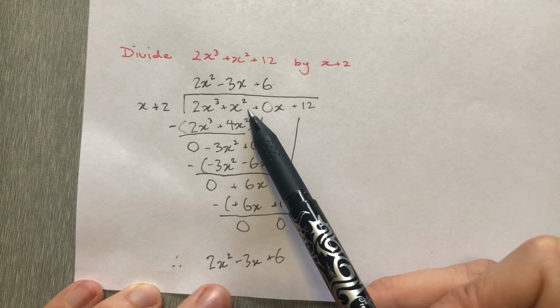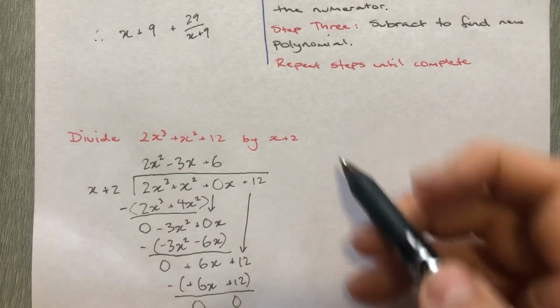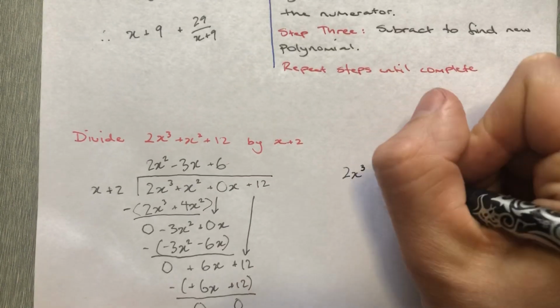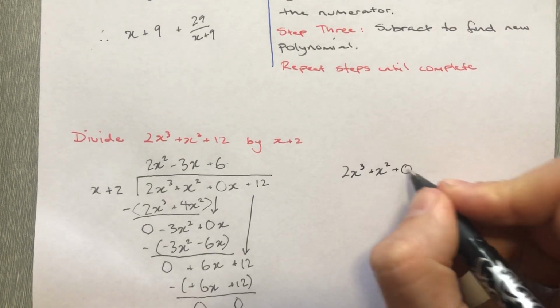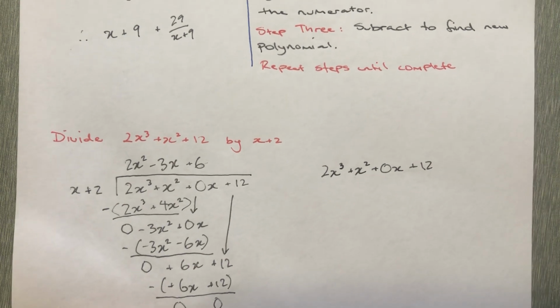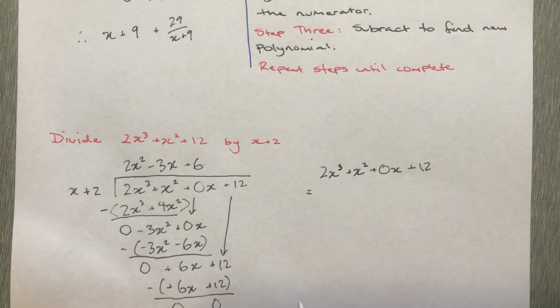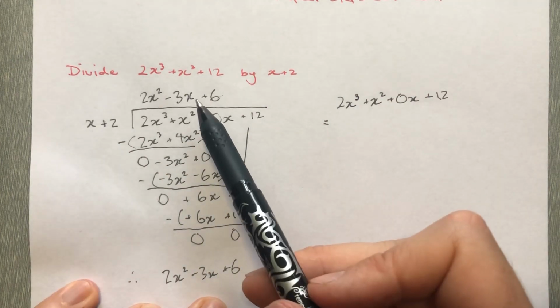Okay, so what we've gone from is this. We had our original polynomial. I'm going to write that out now. Okay, so there's our polynomial. Now after our long division, we worked out that we have this answer here, which is also written up there.